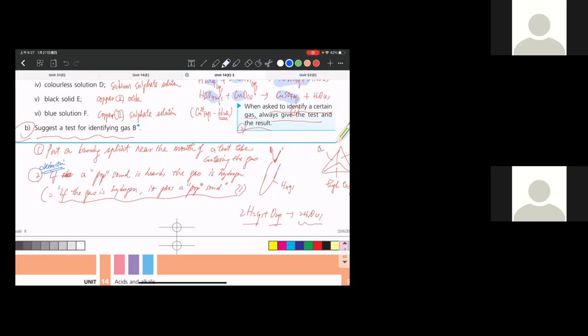Now I give you a hint. Can I use this statement to give a reason why whenever a pop sound is heard, the gas must be hydrogen? How many of you would think that this statement will help you make such a conclusion? For those who think yes, please put a tick.